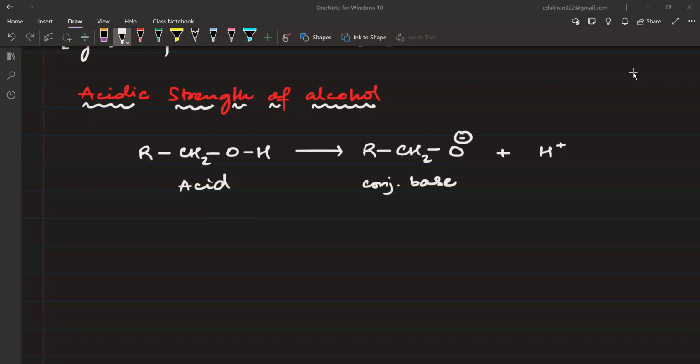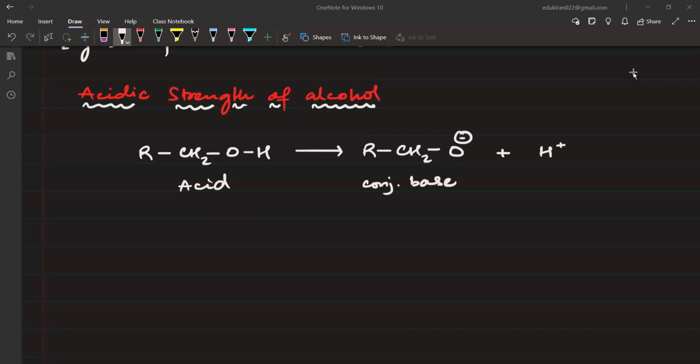No, sir, I got it. So a strong acid will release H plus easily. That means it will make the conjugate base easily. If it has to release H plus, it will obviously make the conjugate base, correct? Yes, sir. Now, if the conjugate base is stable, then it can easily stay as a conjugate base, right?